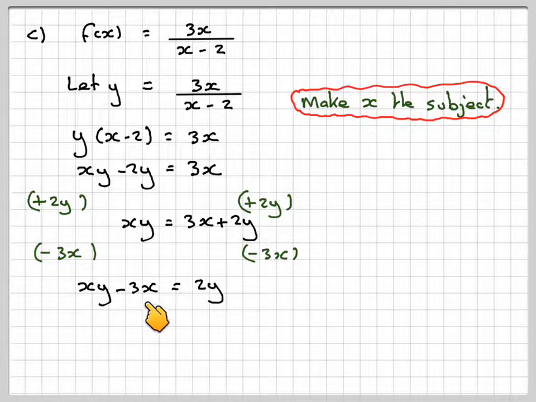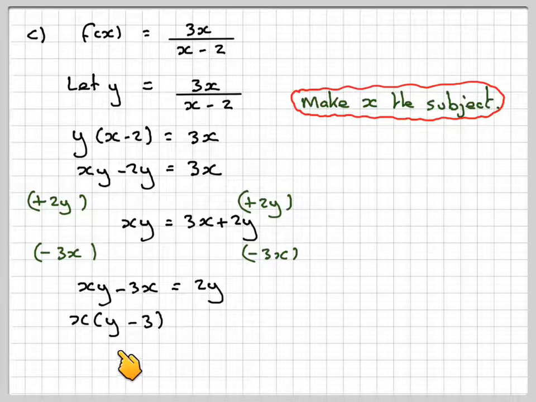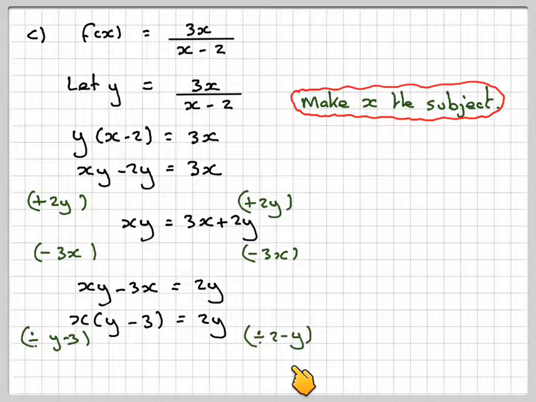Now we look here to see we've got a common factor of x, because the problem here, x occurs twice in the function. So therefore what we've got to do is factorise it out. So we just get x times y minus 3 is equal to 2y.